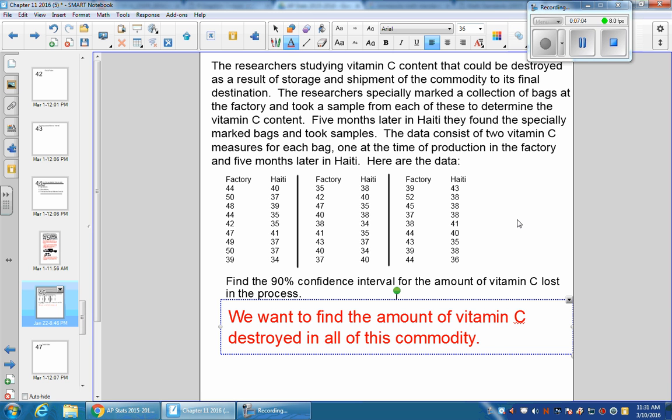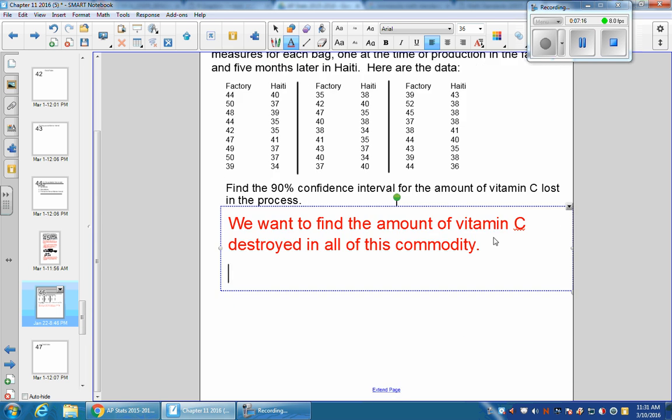It didn't say exactly what it is, so we want to figure out how much was destroyed in all of it. We have the sample, we know what our sample says, but we want to estimate what it would be for all of it. So the next step is to do the conditions.